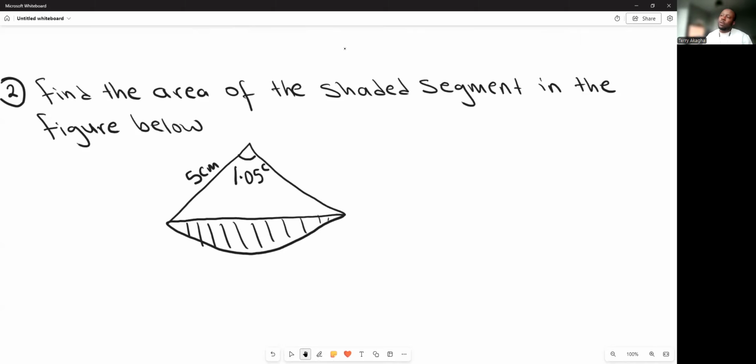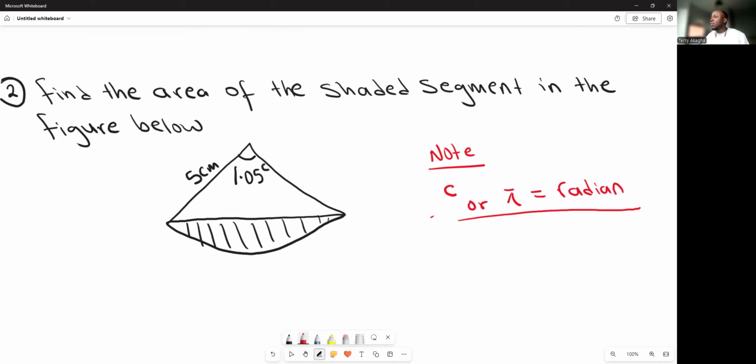Now, one thing I need you to know is that if you look at this angle, it looks like a small c. Anytime you're given a question and you see a small c, a superscript c, or an angle given in pi, you should know that the question is asking for radians. That means the angle is in radians.